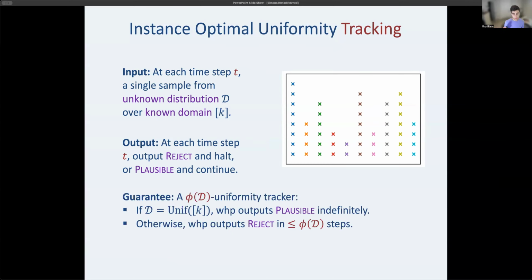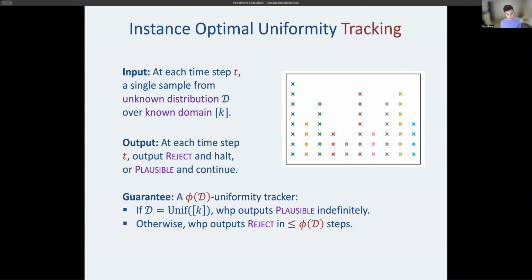And the guarantees we want are that if it is a uniform distribution, this tester will output plausible indefinitely. And if the distribution it's receiving samples from is not uniform, it will eventually output reject. And it will furthermore do this in a number of samples that is quite good, ideally as soon as possible.